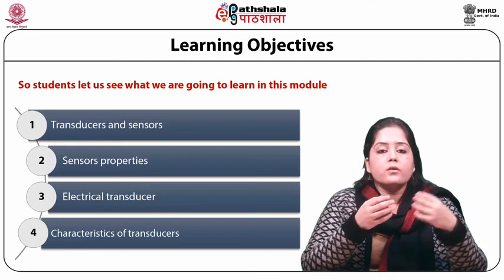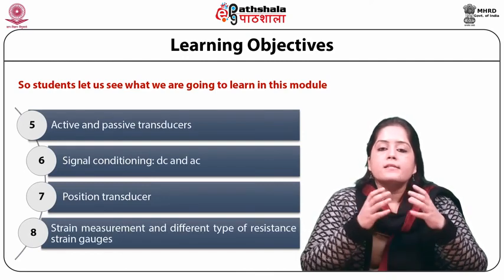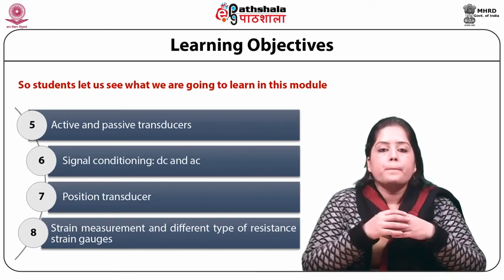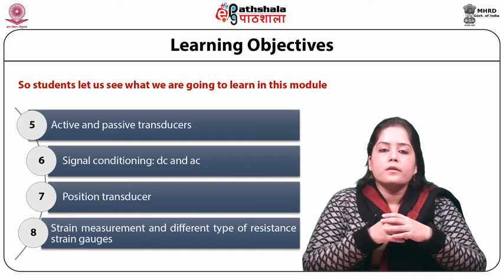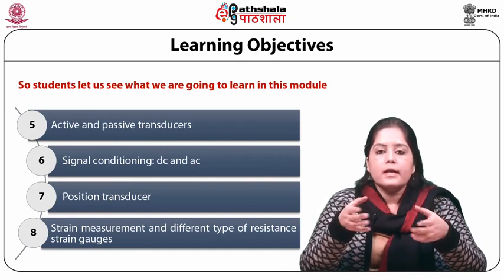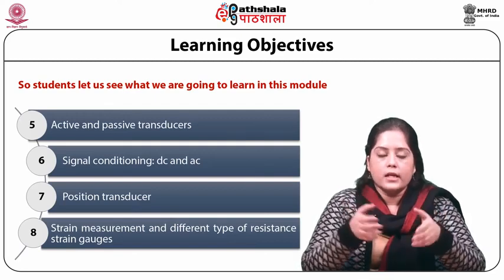We will discuss about the active and passive transducers, signal conditioning, that is DC and AC, position transducer. We will discuss about the strain measurement and different types of resistance strain gauges.